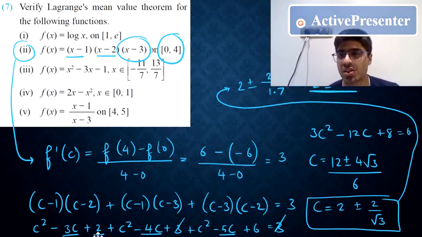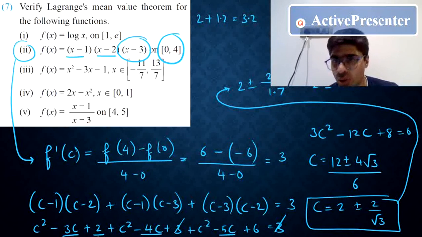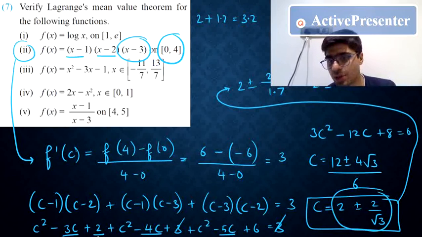So one value is 2 plus 1.2, approximately 3.2. This 1.2 was a number a little larger than the true value, so our first value of C will be slightly lesser than 3.2, and yes, it lies in the given interval. So 2 plus 2 by root 3 is an acceptable number.